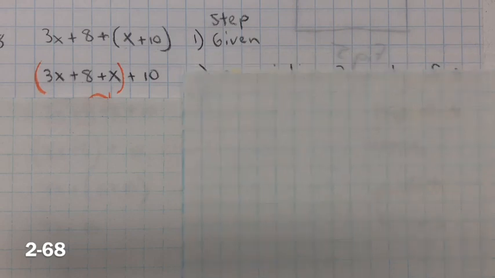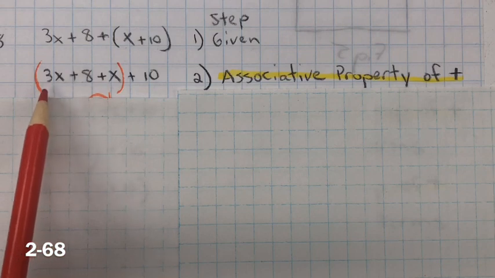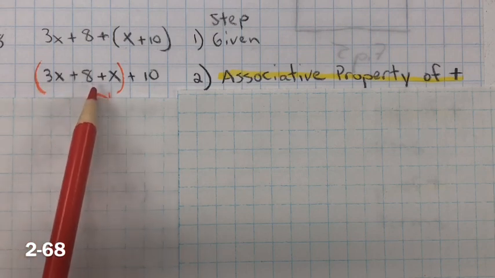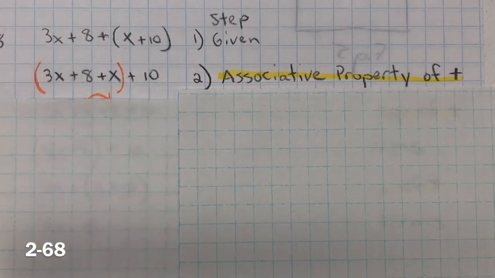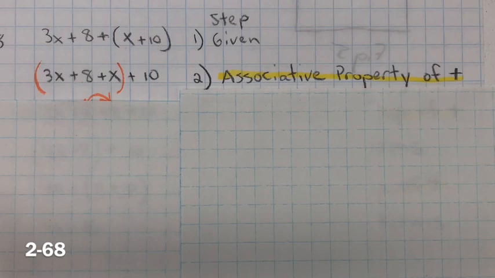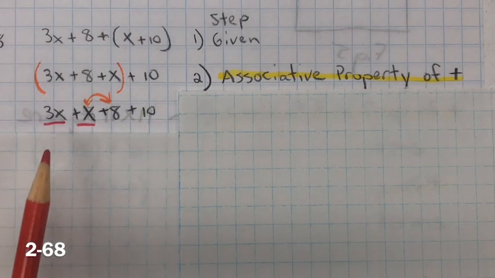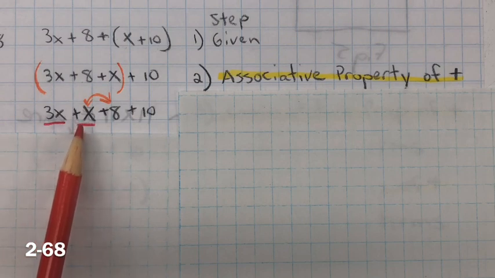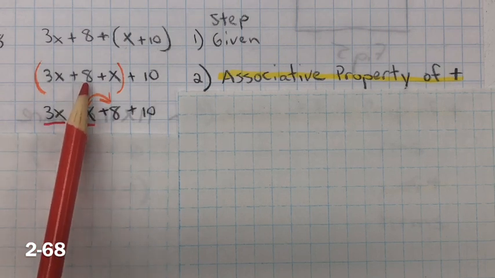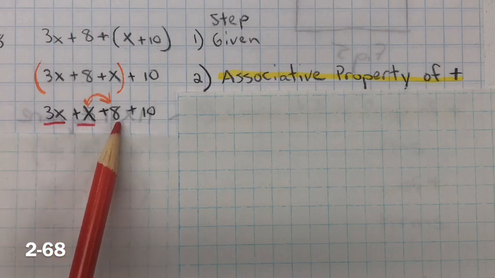In order to do that, you use the associative property of addition. When you're grouping terms that are being added, it doesn't matter how you group them. Order of operations doesn't matter. Now we have 8 plus x and x plus 8.